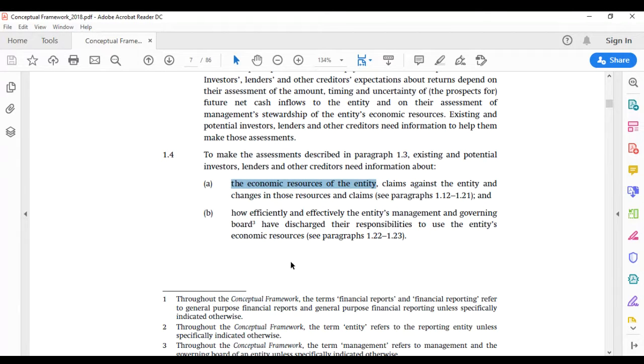What would constitute the economic resources of the entity? Give it a name for me, if you can type there quickly. What would you say would be economic resources? Don't be shy. You already know this. It's just a matter of putting one and one together here.